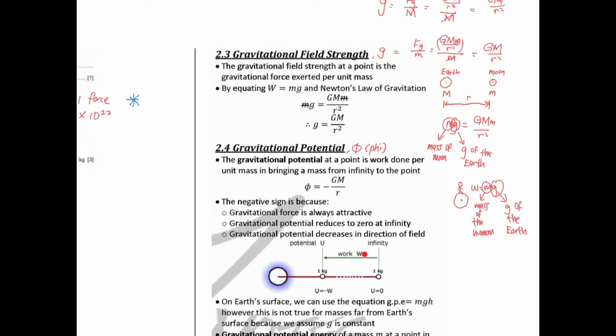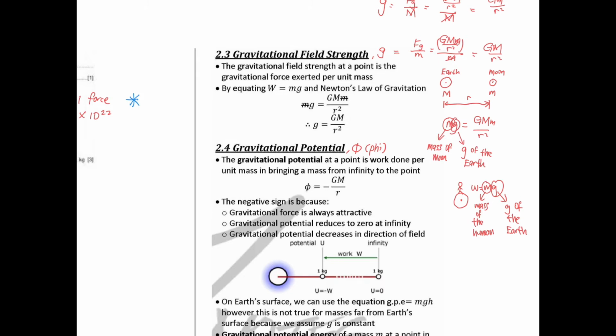How much work is done from very far away to this point, and that work done per unit mass is equal to the gravitational potential. Kind of complicated, but you have to know that gravitational potential is work done per unit mass.